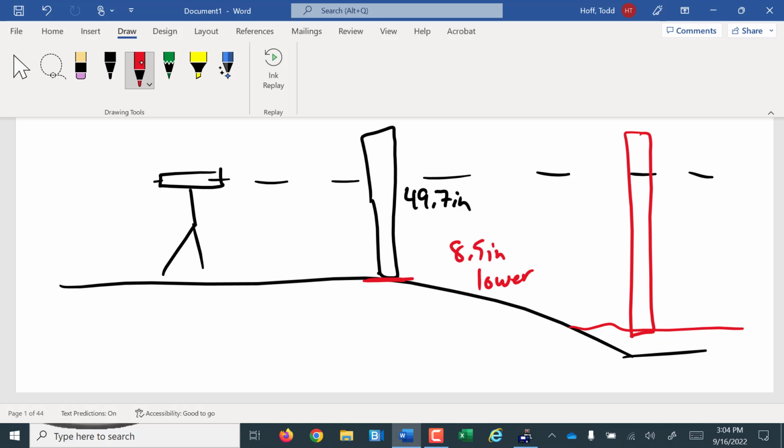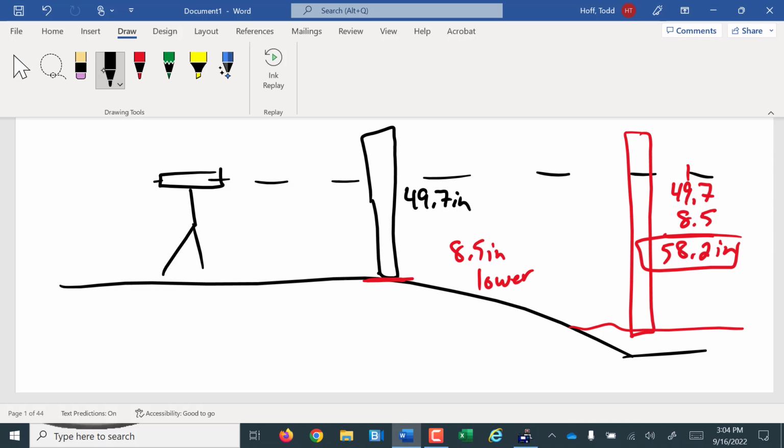Careful. To get lower, we have to add. The number gets larger because it's further down. It's 2 carry the 1. That'll be 58.2. So be very careful with those.